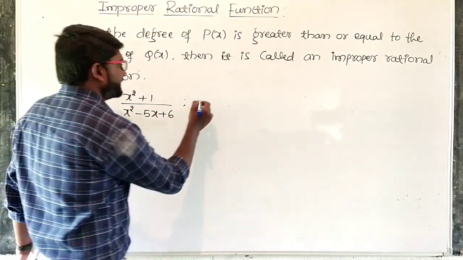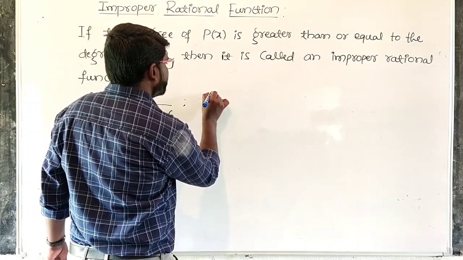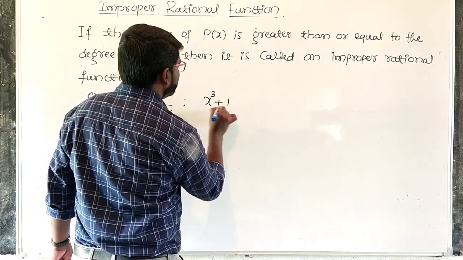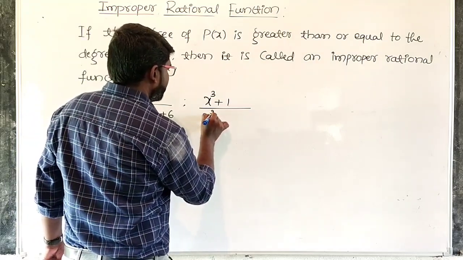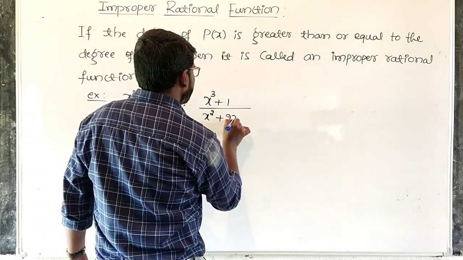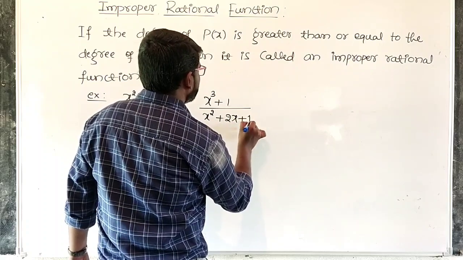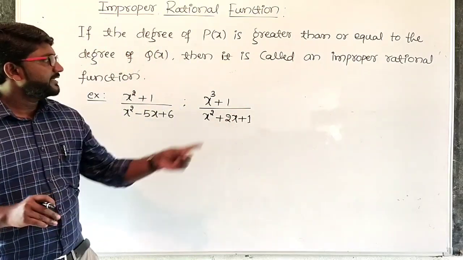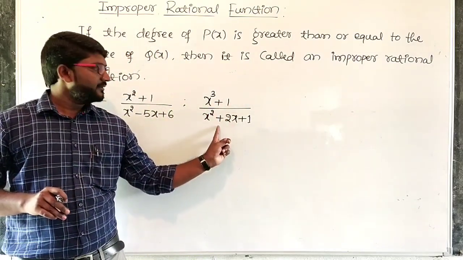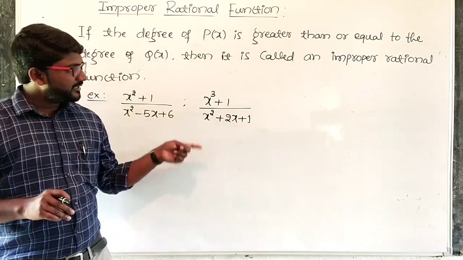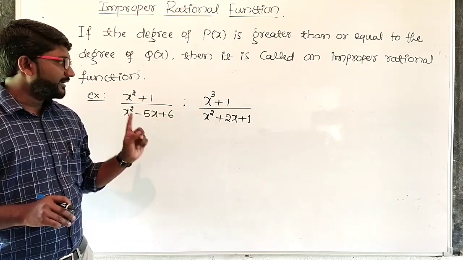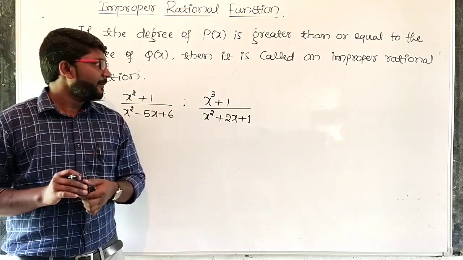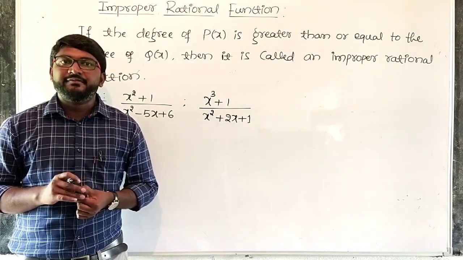Next example: x cube plus 1 divided by x square plus 2x plus 1. Here the degree of the numerator is greater than the degree of the denominator. These two are examples of improper rational functions.